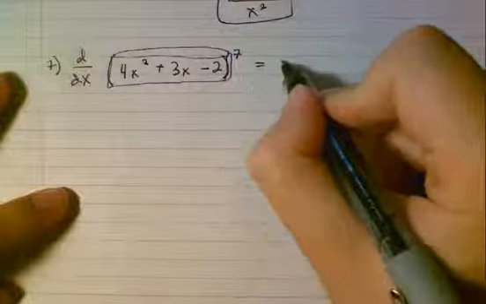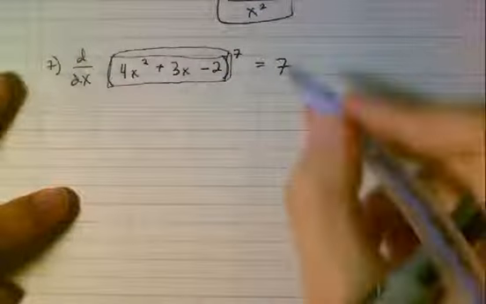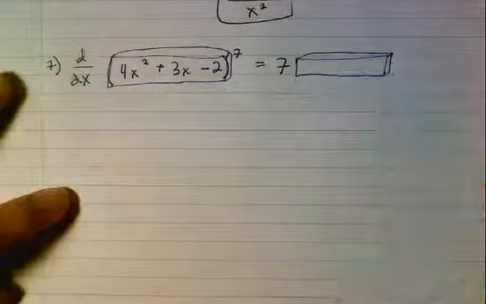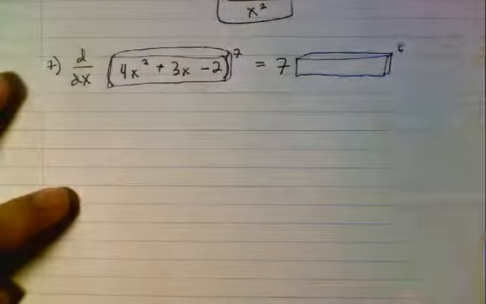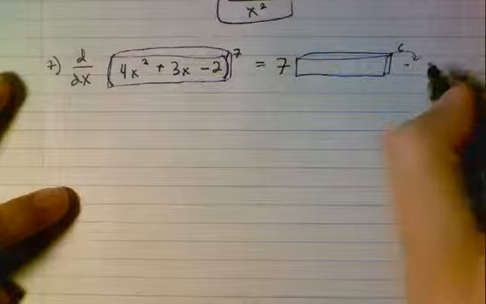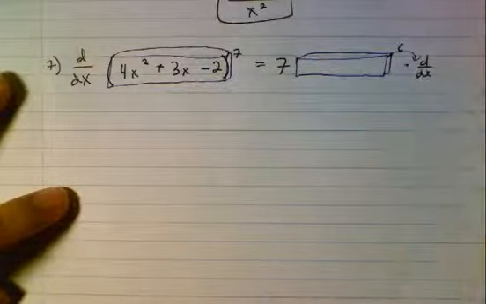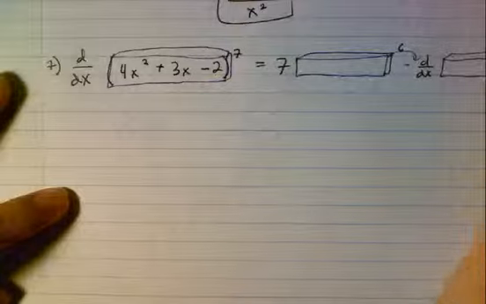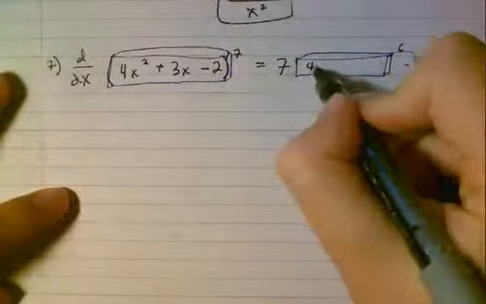And that means that we're going to bring down our exponent, subtract 1 from the exponent, and then multiply by the derivative of whatever was in that box.